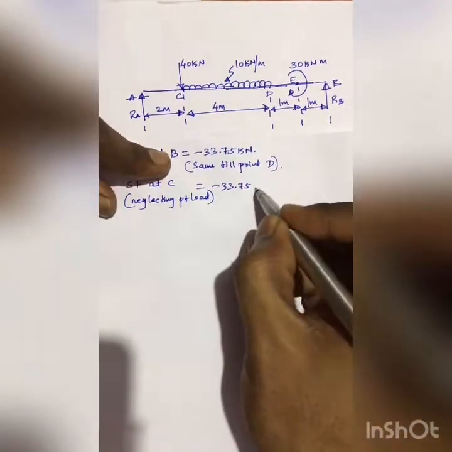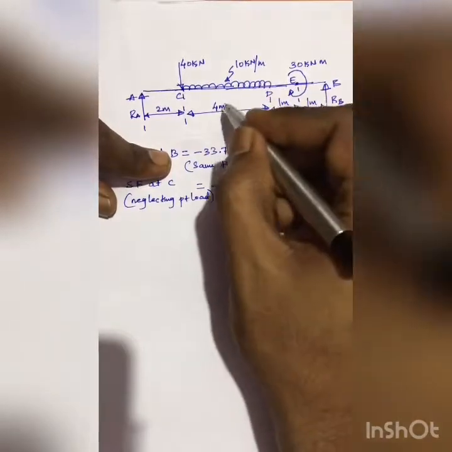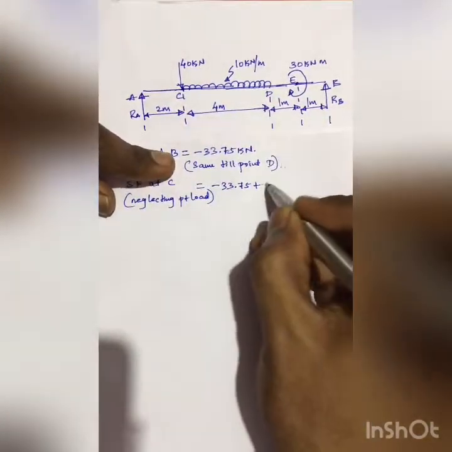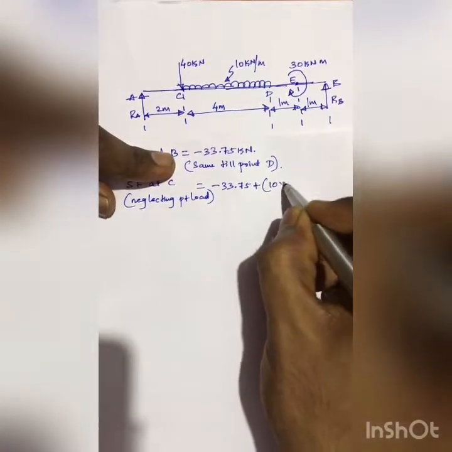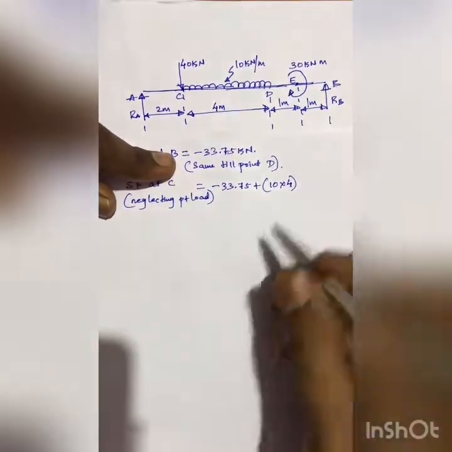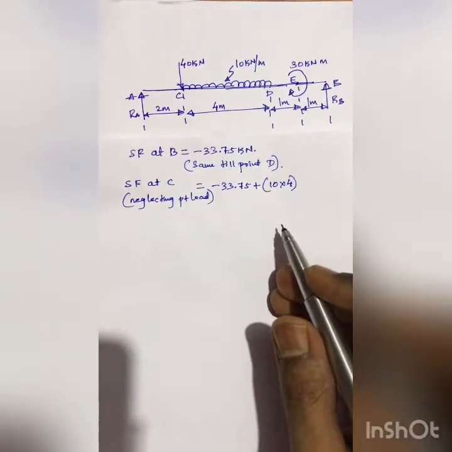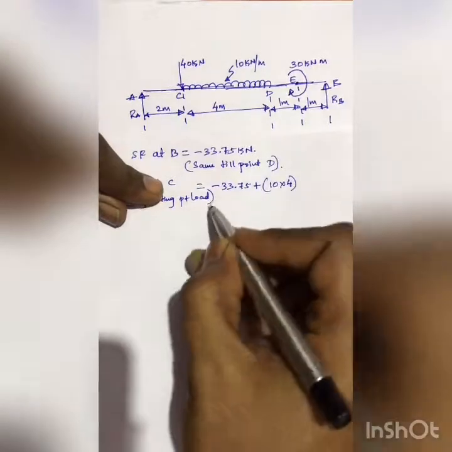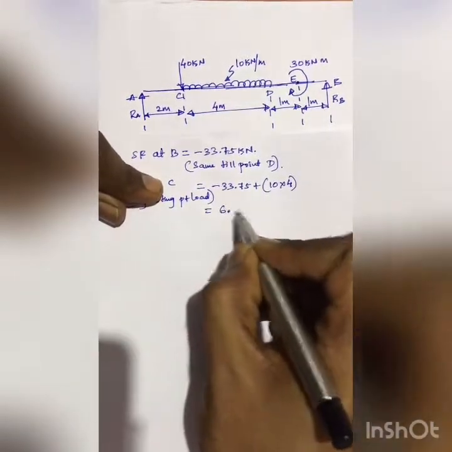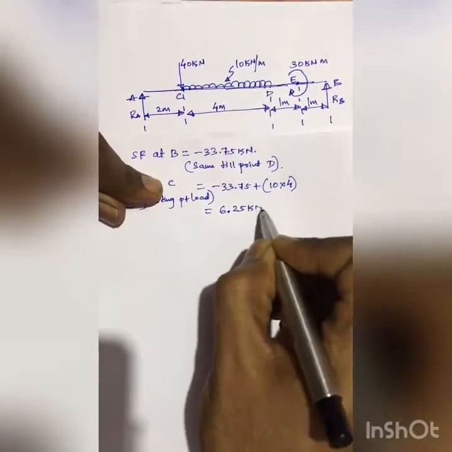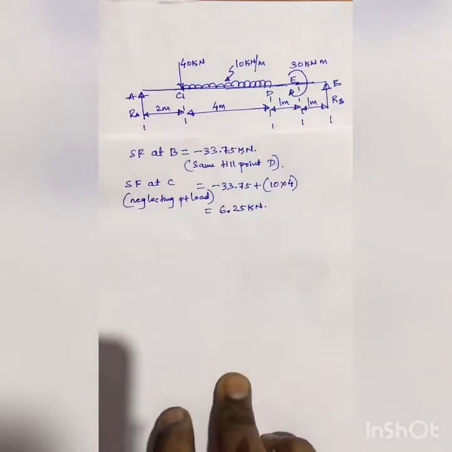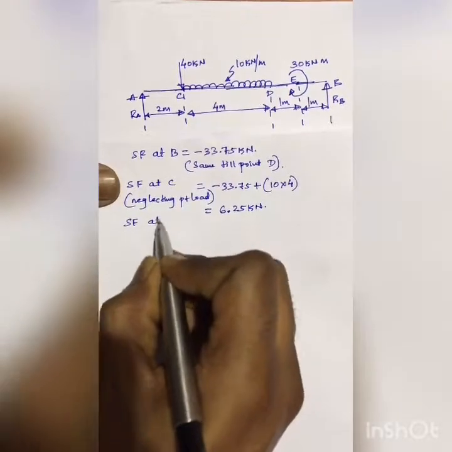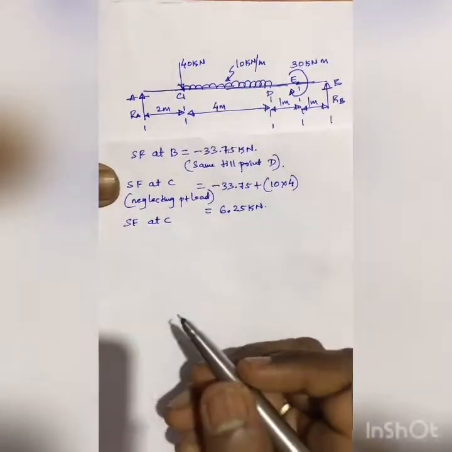We need to convert this UDL into a load, that is 10, which is its magnitude, into 4, the distance over which it is acting. So here I get the value as 6.25 kilonewton.